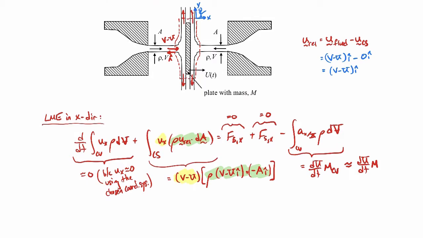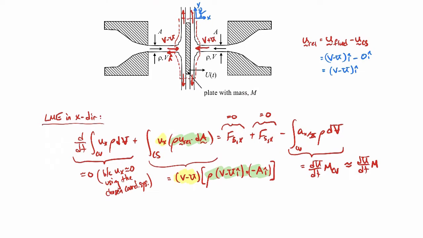All right, now let's move on to the right-hand side. Now the velocity of the fluid as it crosses the control surface here, using our coordinate system, will be the v headed in the minus x direction, but we have u approaching it, so it looks like the fluid crosses our control surface with a velocity of v plus u.